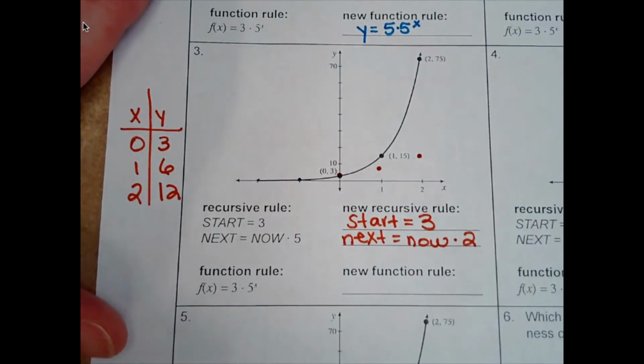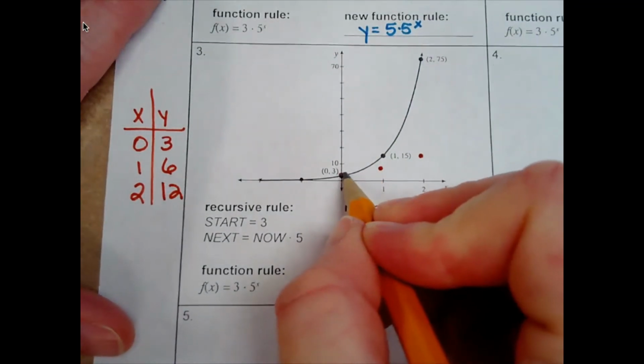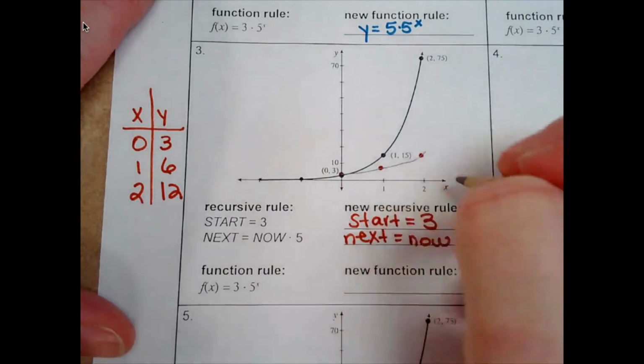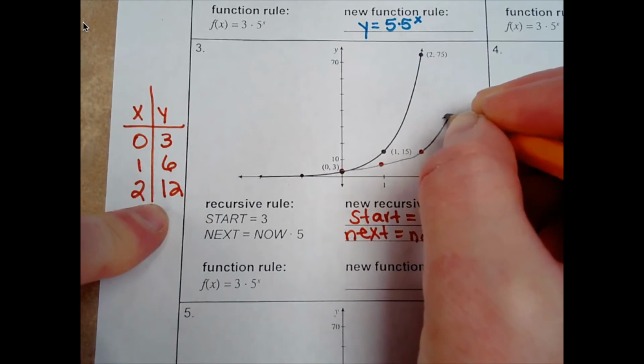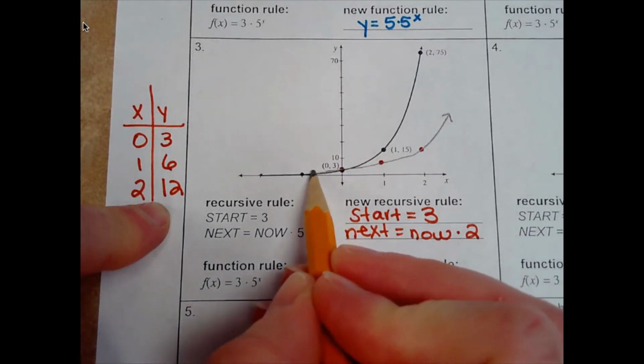It looks like a straight line, but can I make a straight line with it? Because what's our next number going to be? 24. So it's going to be like that. And the other is going to kind of skate along the bottom.